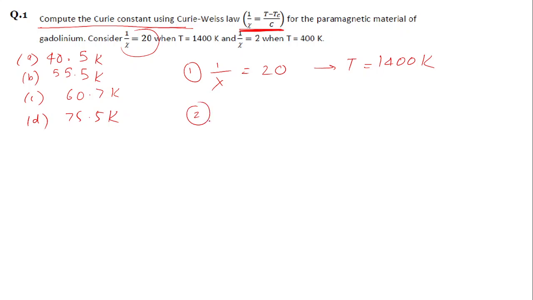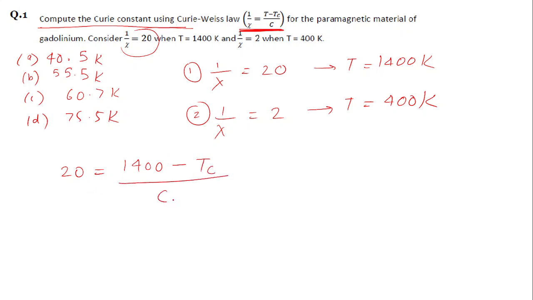The second case is 1 over chi is 2 when temperature is 400 Kelvin. Let's put this information in the equation. For the first, 1 over chi is 20, and then (T minus Tc) by C, where T is 1400 Kelvin. Tc we don't know, it's not given. Divided by C, which we need to find. So we have two unknowns in this equation.